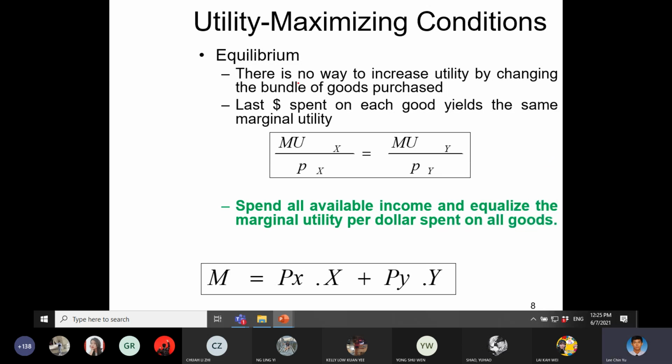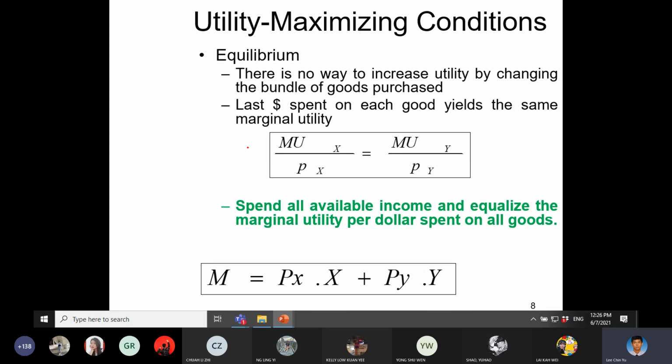Over here, there is no way to increase utility by changing the bundle of goods purchased. Over here, the last dollar spent on each good yields the same marginal utility. So from here, we notice that we have utility when we consume the good, and then we also have income, meaning that we need to spend all available income and equal the marginal utility per dollar spent on all goods.